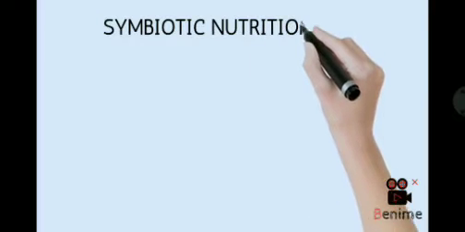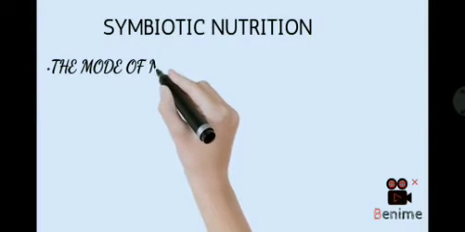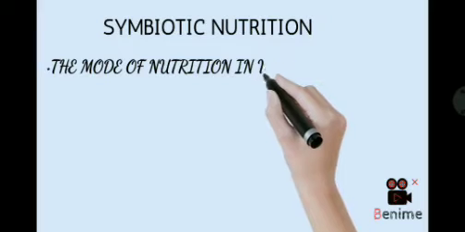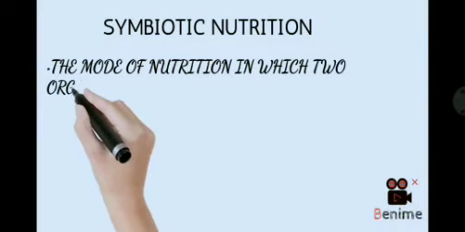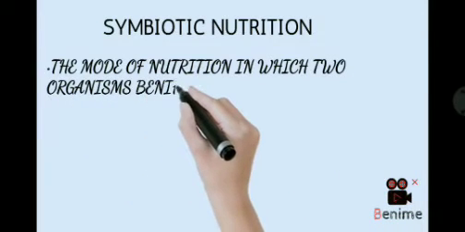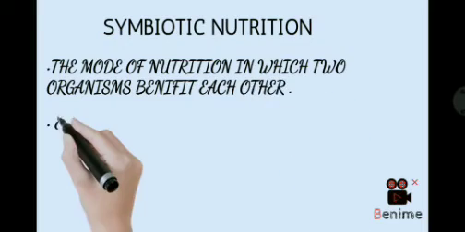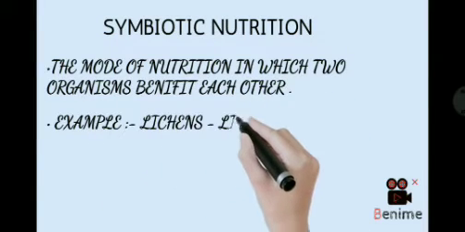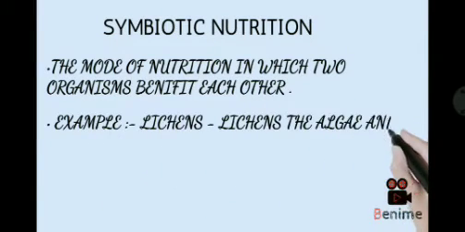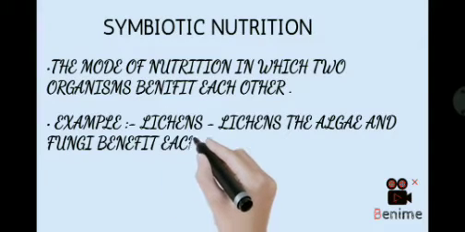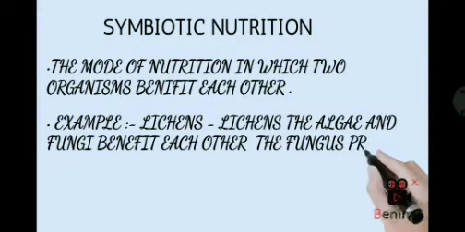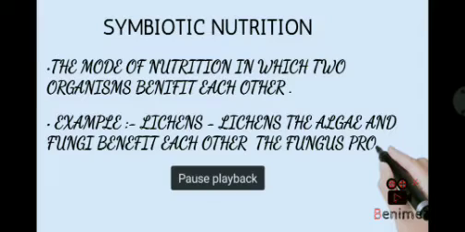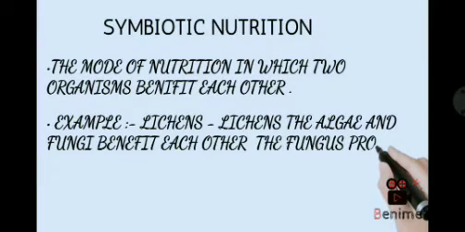Now we will learn what a symbiotic relationship is. Symbiotic nutrition is the mode of nutrition in which two organisms benefit each other and interchange their food. For example, lichens, which are algae and fungi living together.